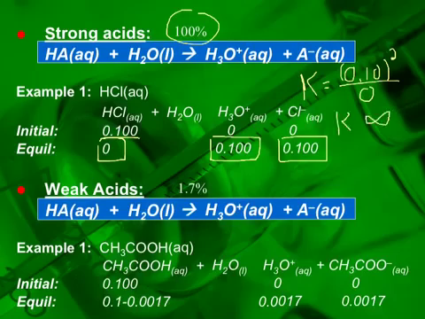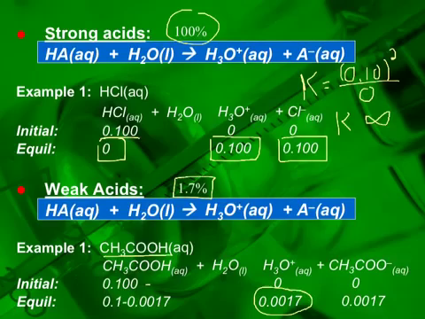If we look at a weak acid, however, something that would ionize 1.7%, such as acetic acid, in our ice table we find that initially, even though we have 0.1 mole per liter acetic acid, only 0.0017 moles per liter of hydronium is found at the equilibrium.